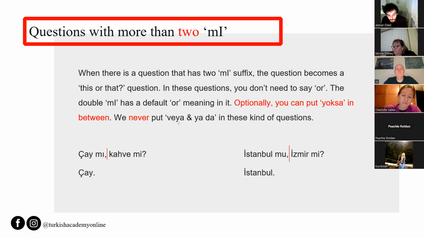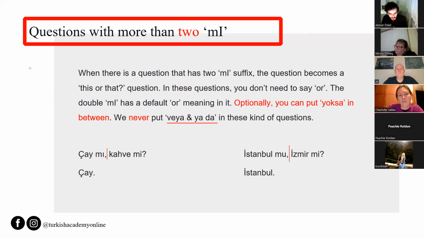But unfortunately, we are not able to put veya or ya da into these sentences. So it's not possible to say çay mı veya kahve mi. We don't say that. It's a little bit weird, but we don't do this. But you should just know that double mı mu already by default has or in it.